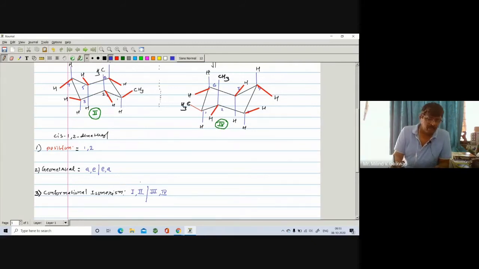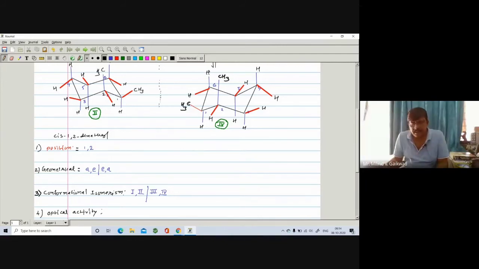Now we have to see whether it exhibits optical activity or not. So this point is somewhat important. The 4th point, optical activity, means whether 1, 2, 3, 4 are optically active or not.